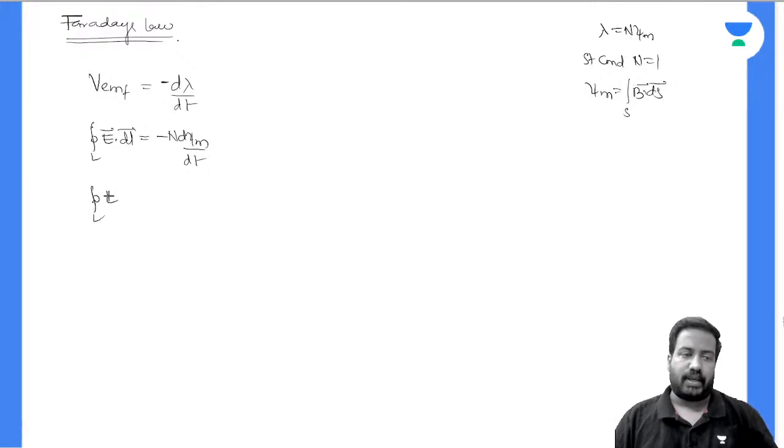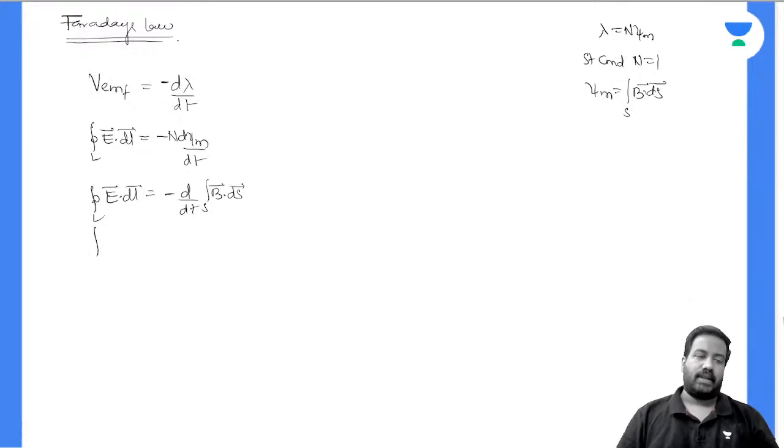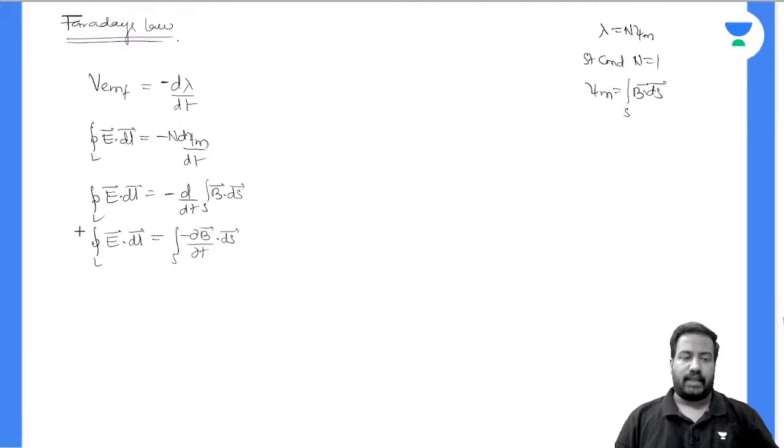Substituting, closed loop integral of E dot dl is equal to minus d by dt of surface integral of B dot dS. This implies closed loop integral of E dot dl is equal to surface integral of minus dou B by dou t dot dS. This is the integral form.